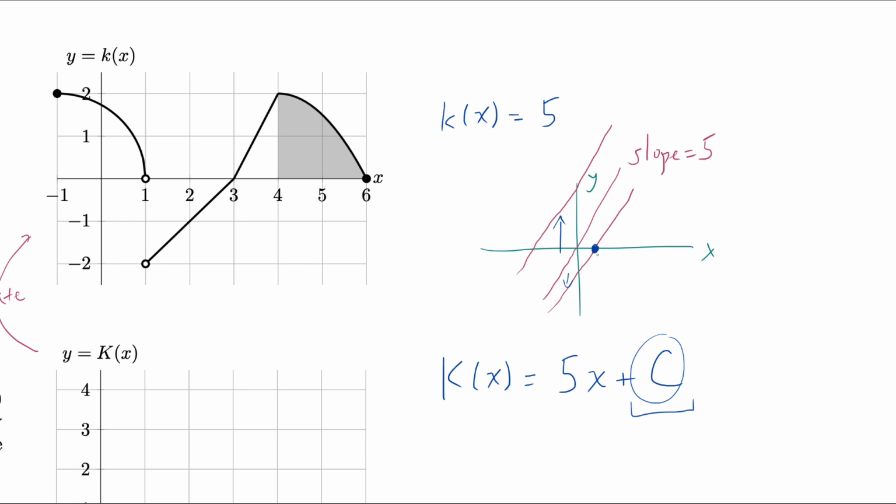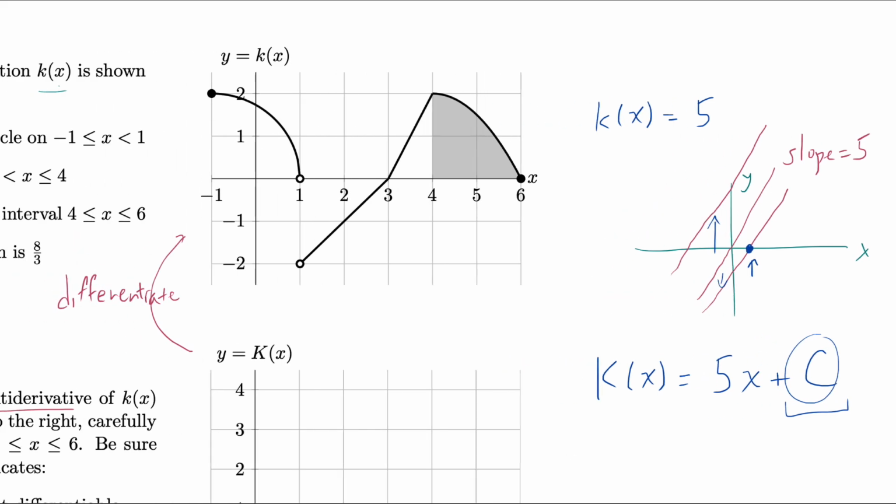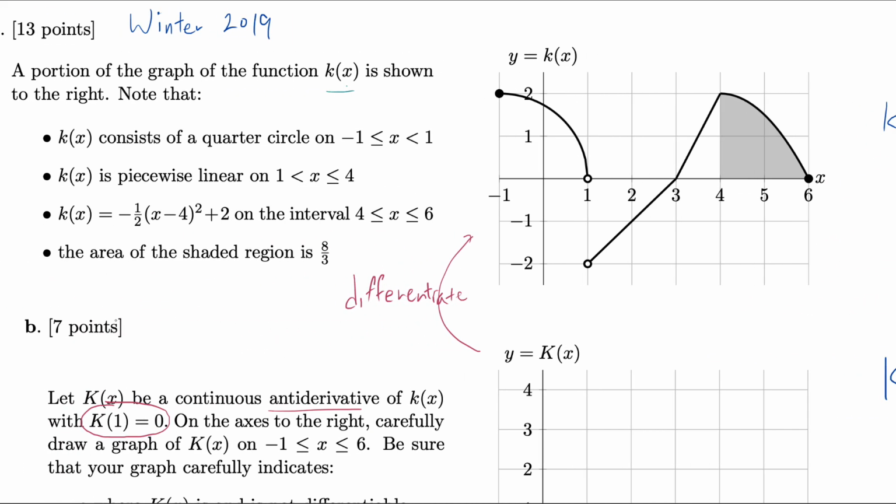Once I tell you that information, now you know it's this line, right? Because, for example, this line cannot be it because it's not going through the point that I'm telling you the antiderivative is going through. So that's what this key information, K of 1 is 0, is telling us. So this should be the very first thing that you start with.